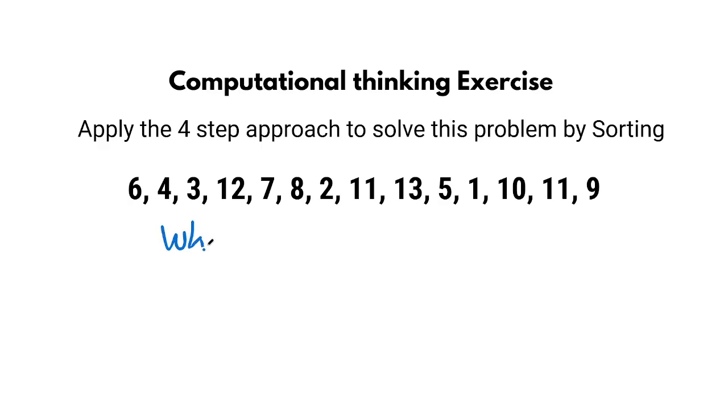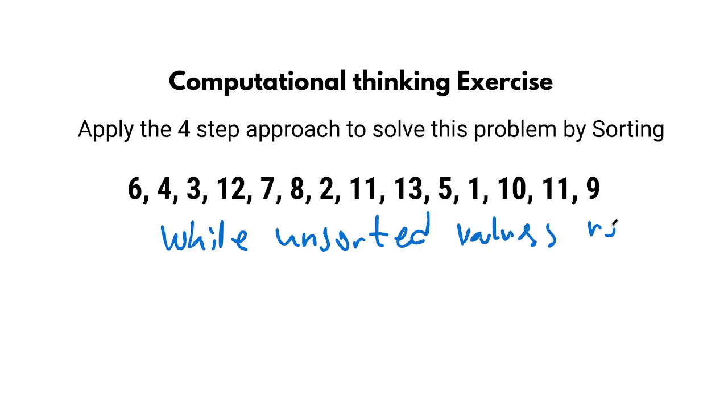So we have a precondition: while unsorted values remain. Let's say we sort through all of them and there's nothing left. How does the program know to stop sorting? Well, it'll stop sorting when all of them are sorted. You want to stop the program, so you want a while conditional.